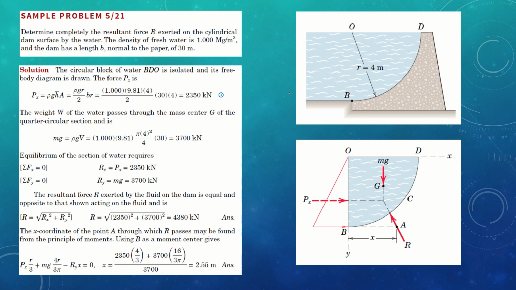This means normal to the surface. 1 megagram means 1000 kilograms per meter cube, the average density of water. This is fresh water, so we need to find the resultant R.